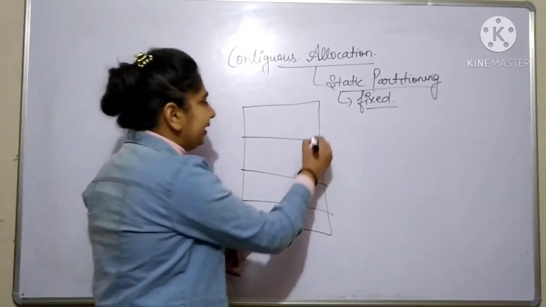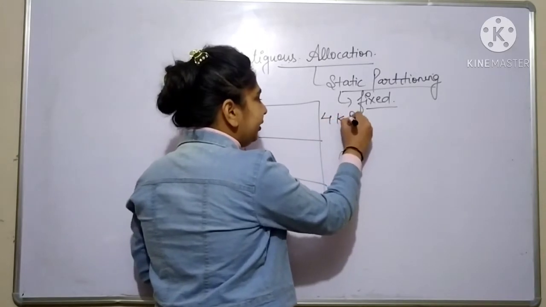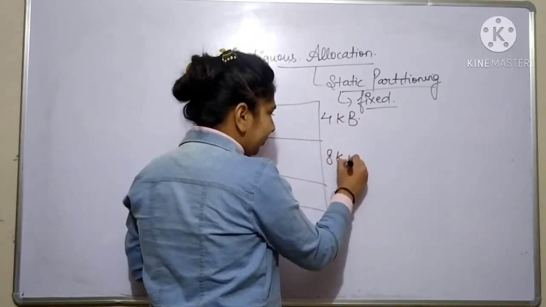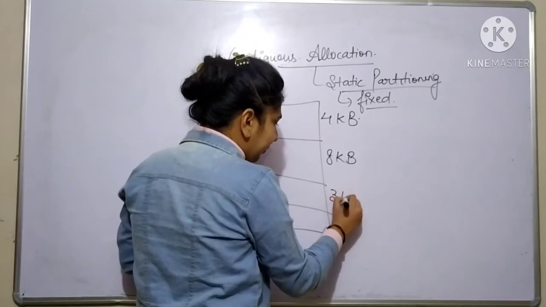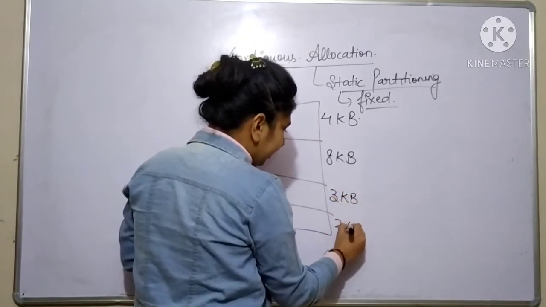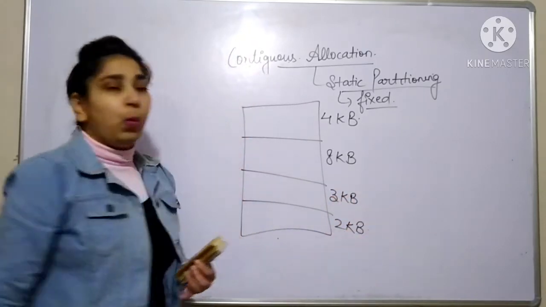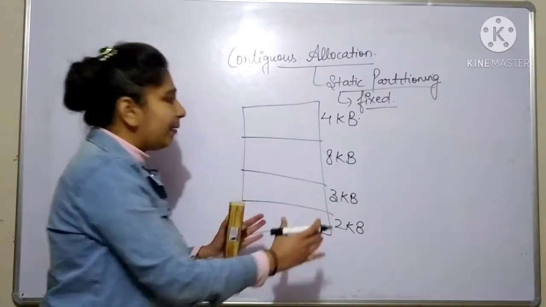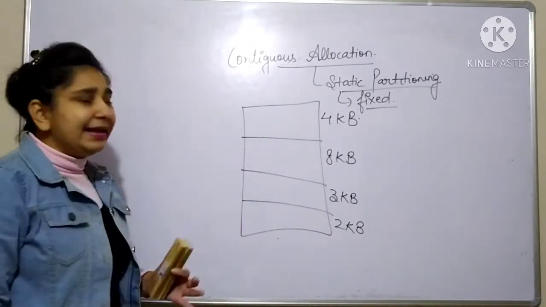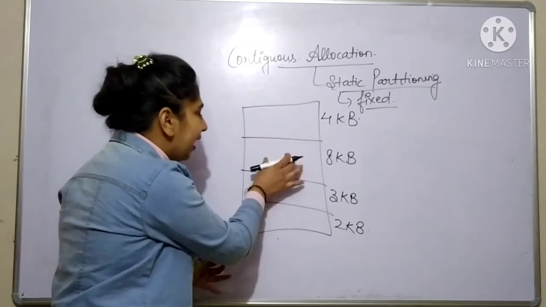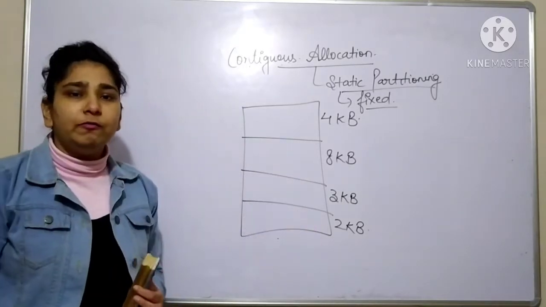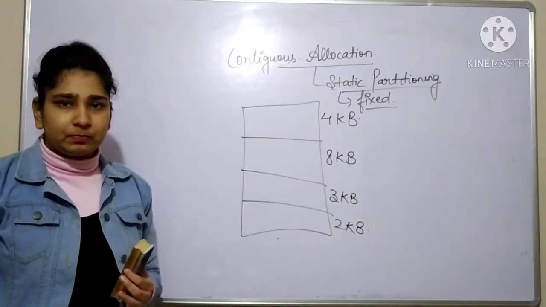I am dividing the main memory into 8 KB, 3 KB, 2 KB. Whatever main memory I have, I am dividing into many partitions.